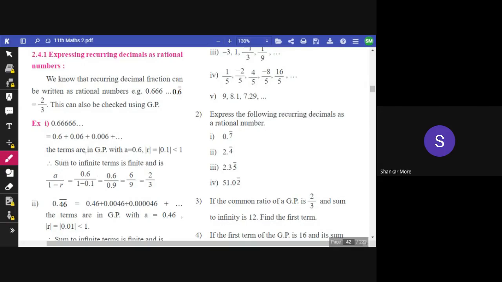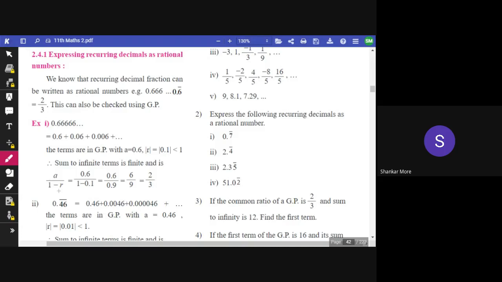So the terms are in GP with a equals 0.6, that is the first term, and mod of r equals 0.1, which is less than 1. So we use the formula for the sum of infinite terms.